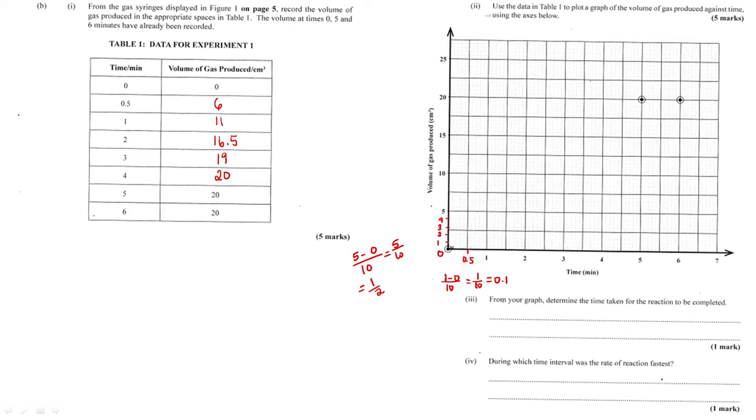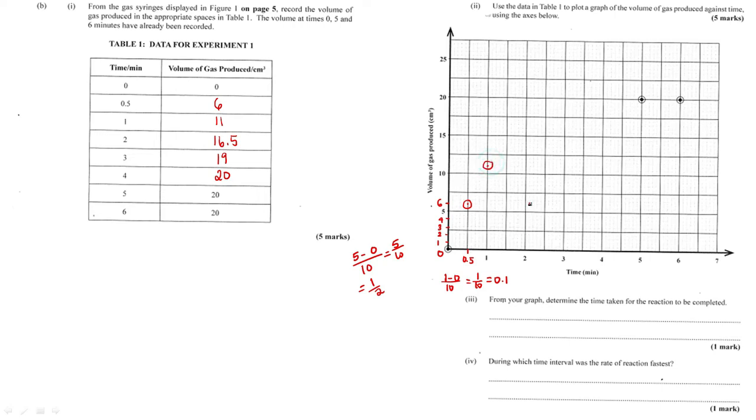So at the 0.5 mark, we have 6. So put 6 right here, and we just follow the trend. The first one is 0, a dot circled, so we're going to follow all through. When you have 1, it's 11, so this is 11 right here.